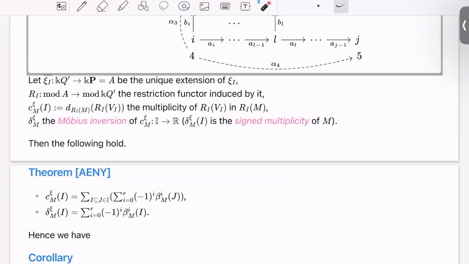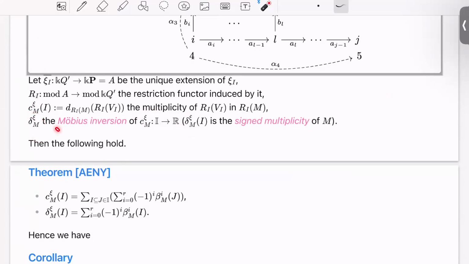And then we have the function from the set of all intervals to the real numbers by C_M. So I is sent to this number. Because it is easily seen to be an invertible element, we can have the inverse, denoted by delta.